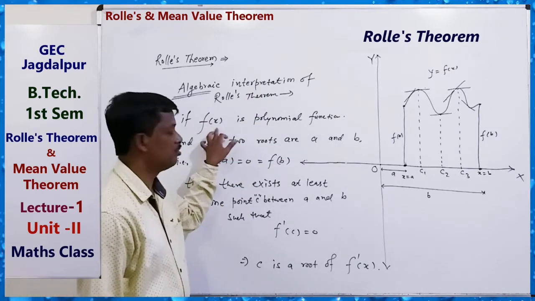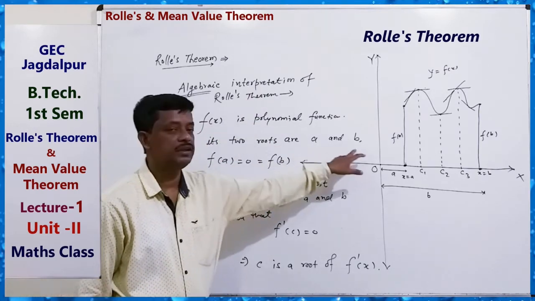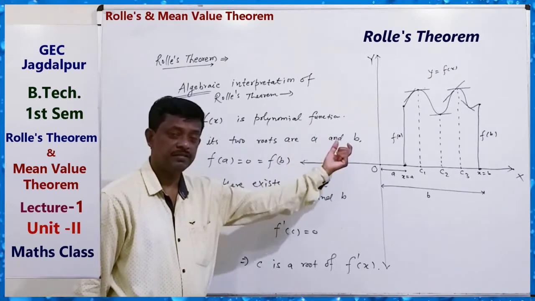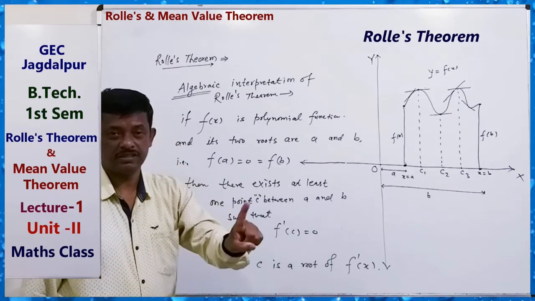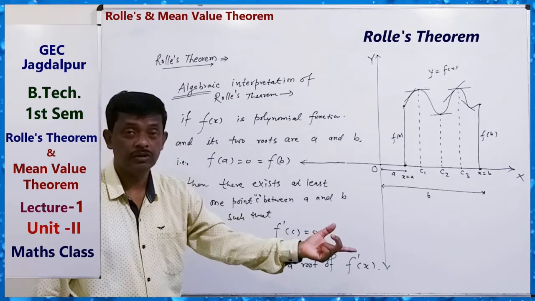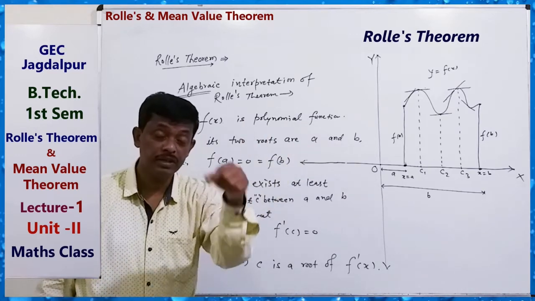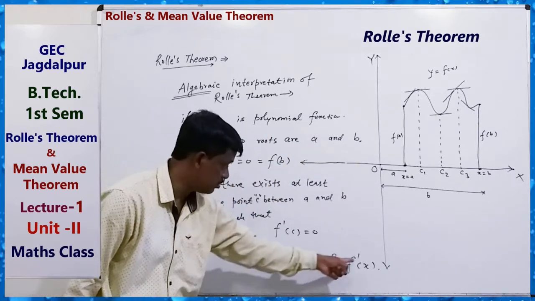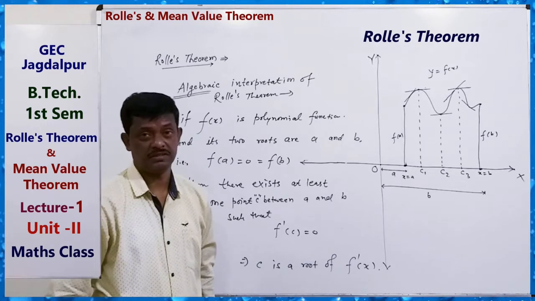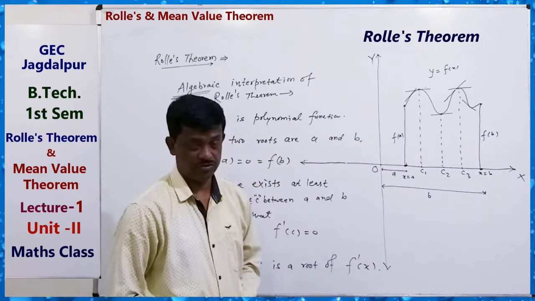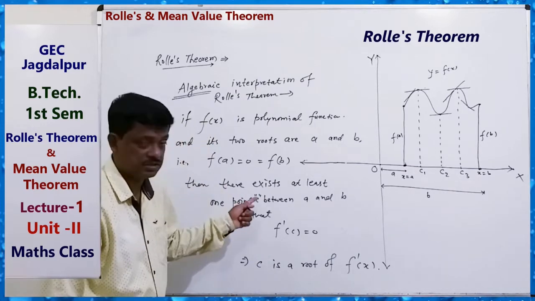If f(x) is a polynomial and its roots are a and b, then between a and b there exists a point c which will be a root of f'(x).